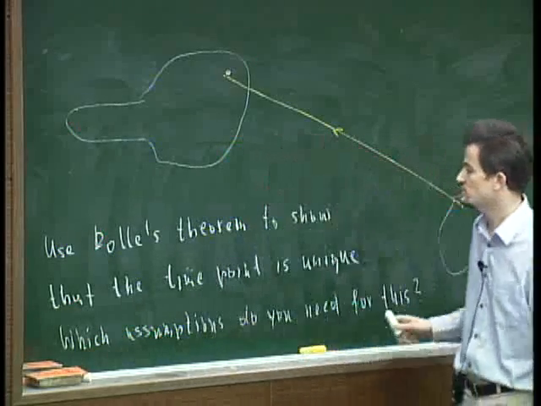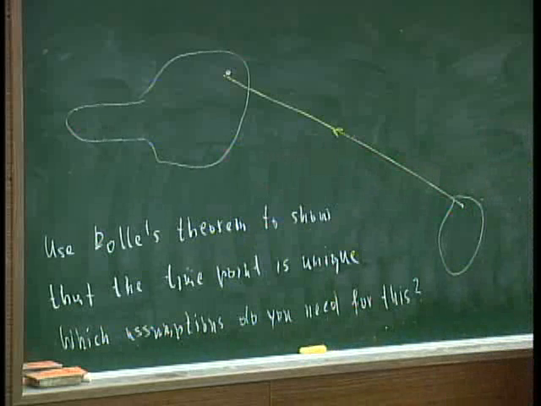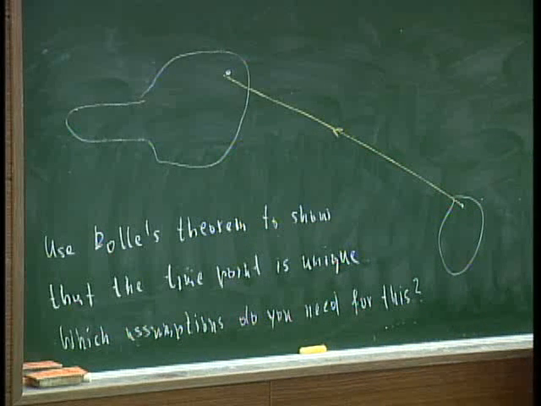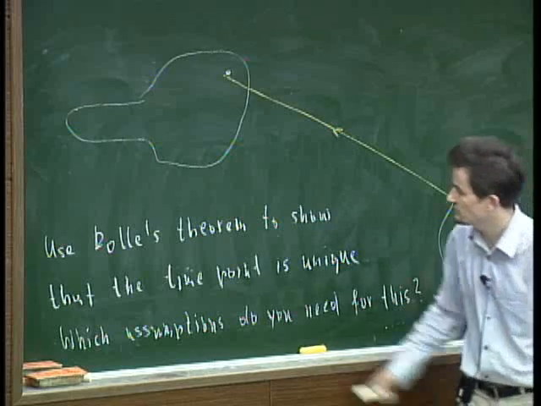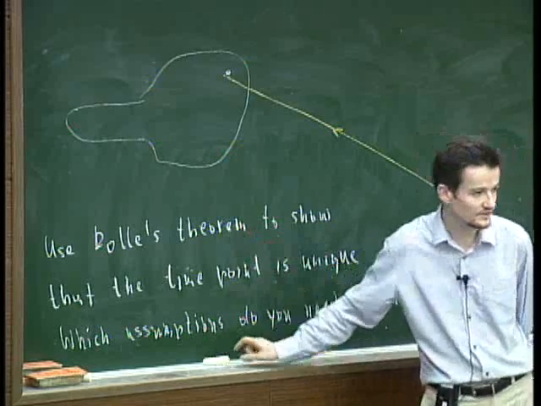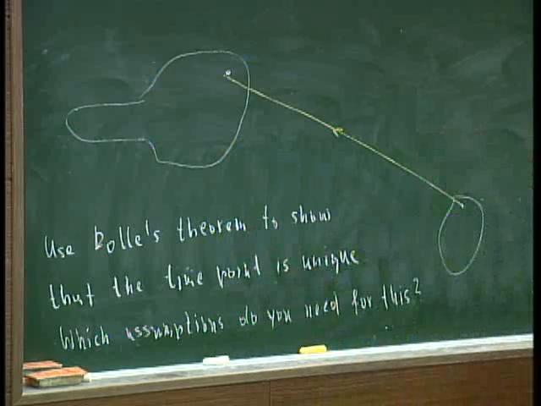Actually, the question should be different. It should be, okay, give assumptions under which you can argue by using Rolle's theorem such that the point is unique, the time point is unique.